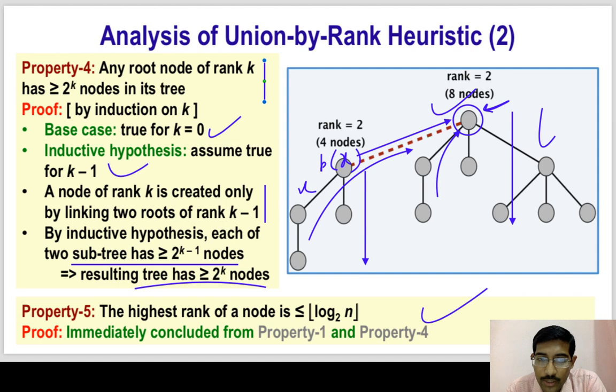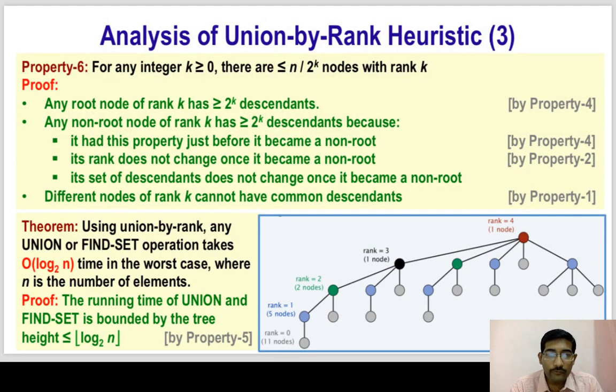So therefore the highest rank node is the root node by property 1, and its rank would be bounded by log n, since at least 2 to the power k nodes in the tree should be there. So it immediately follows that the height of the tree is bounded by log n. And therefore, if you first look at this theorem, all the union and find set operations are bounded by the height, and the running time, since it is bounded by the height, is order of log n in the worst case.